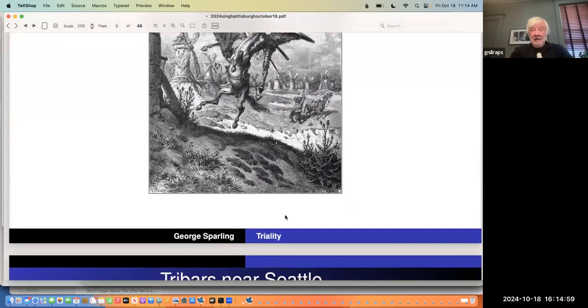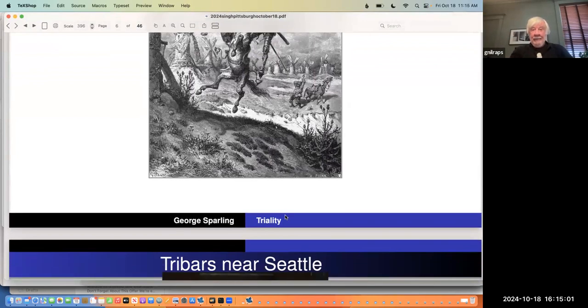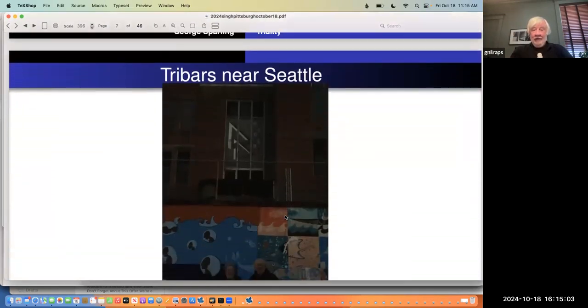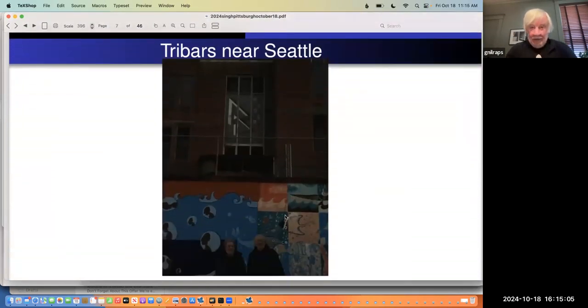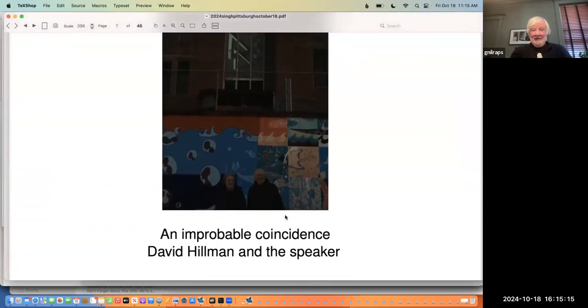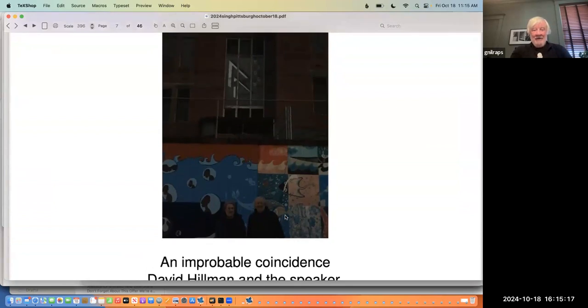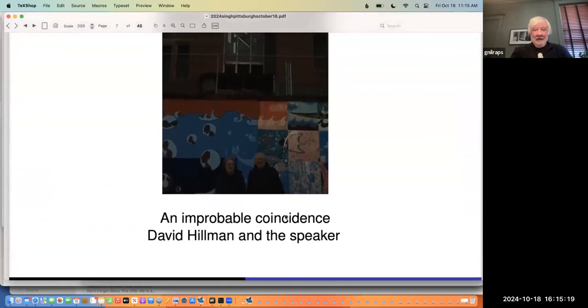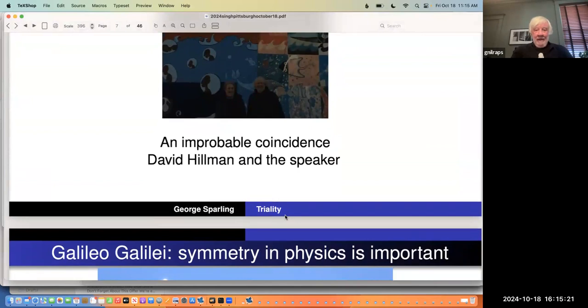If I have a chance, I'll talk about that later. In honor of Roger, there's a picture that is in some obscure building in Seattle. There are two pictures of Roger's tribar, which just happened to be found.